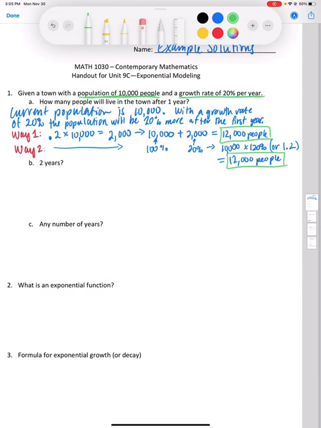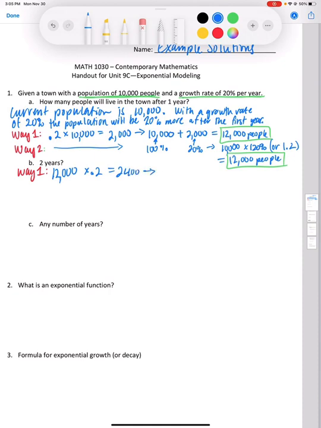What about the population after 2 years? Well, we can take a look at this in 3 ways. The first way, we can take our population after 1 year, 12,000 people, and multiply by the 20%, 0.2, to find the 20% of 12,000, which we get 2,400.